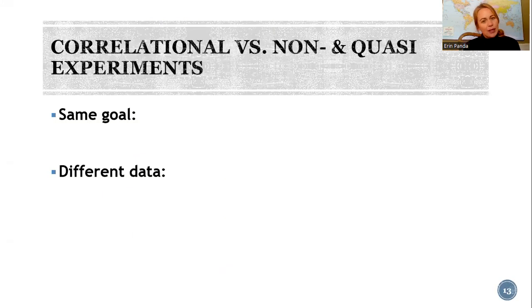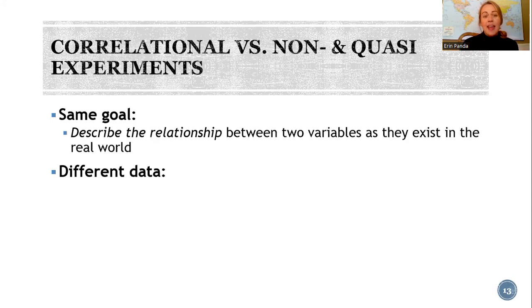So if we're comparing correlations versus non-experiments, in some ways they're very similar. They have the same goal, which is to describe the relationship between two variables, and both of these variables exist in the real world. We're not attempting to say one variable causes change in another, we're just describing the relationship. The one way that these two research designs differ is in the kind of data they use.